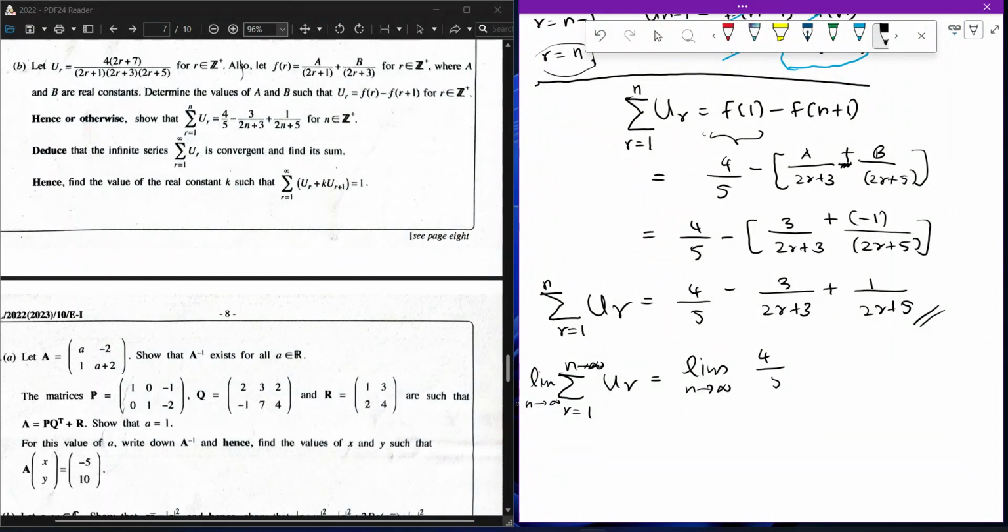Write down the same expression again, only with the hope of finding the limit up to infinity.